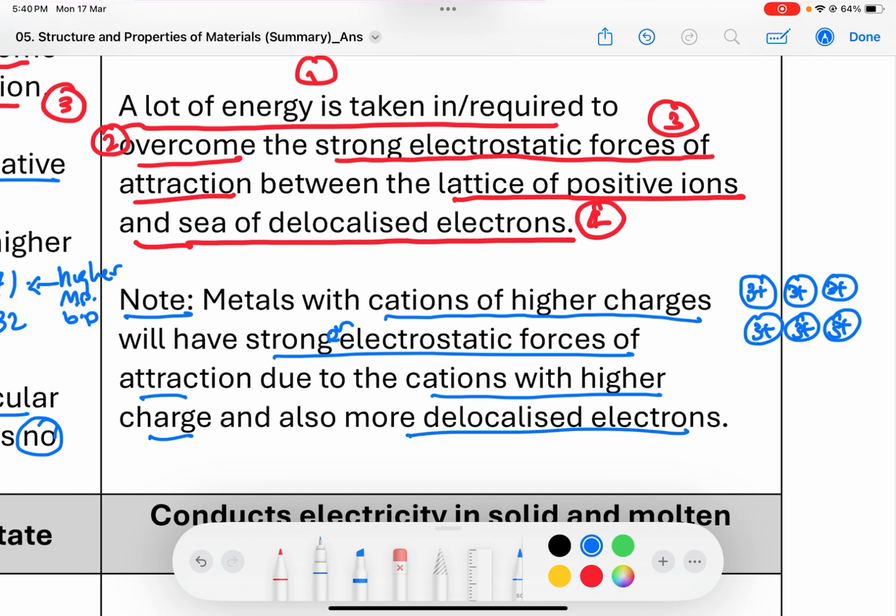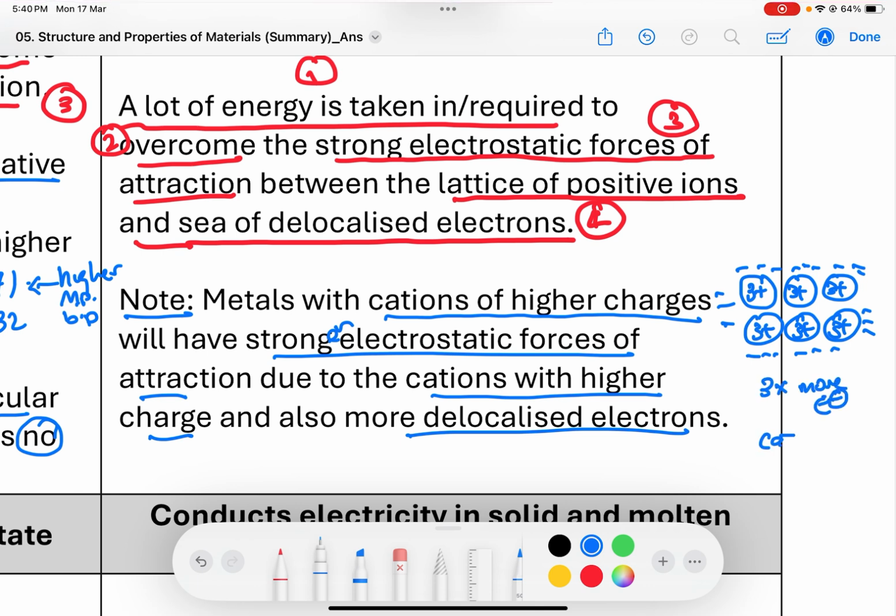To get 3+ means that each atom would have released 3 electrons. So realize that there will be 3 times more electrons.